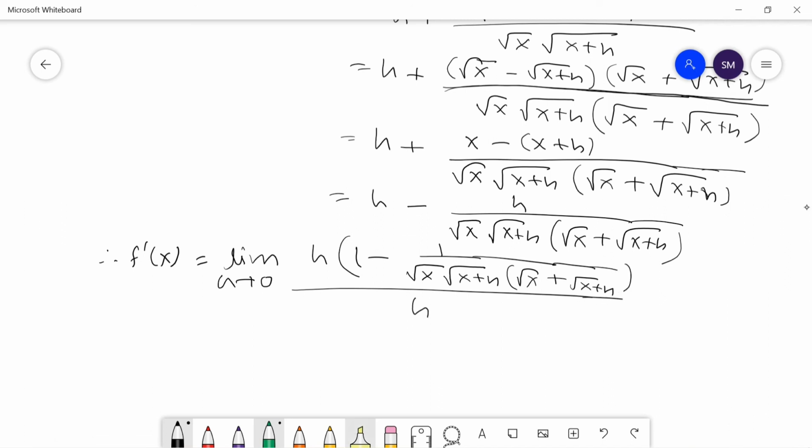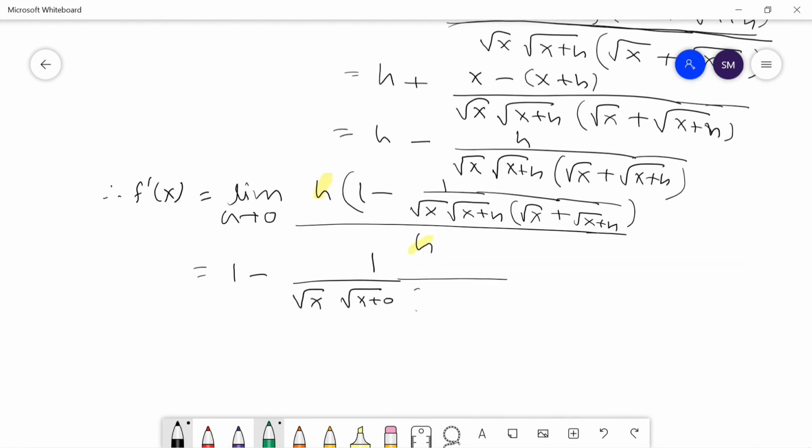So this h and h cancel out, then you will get the limit as 1 minus 1 over square root of x, plus, and here you have square root of x plus 0.